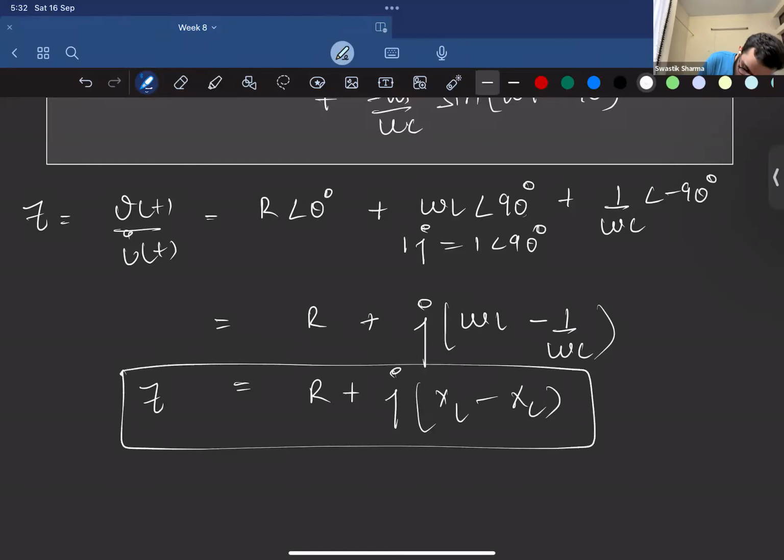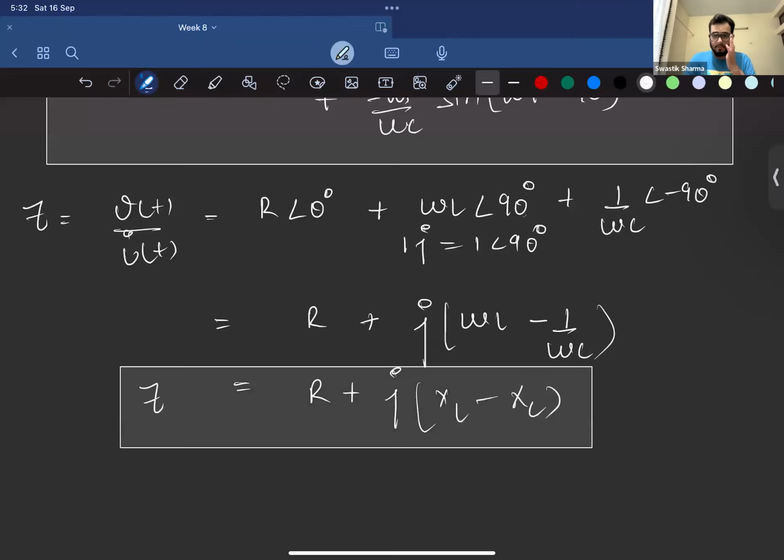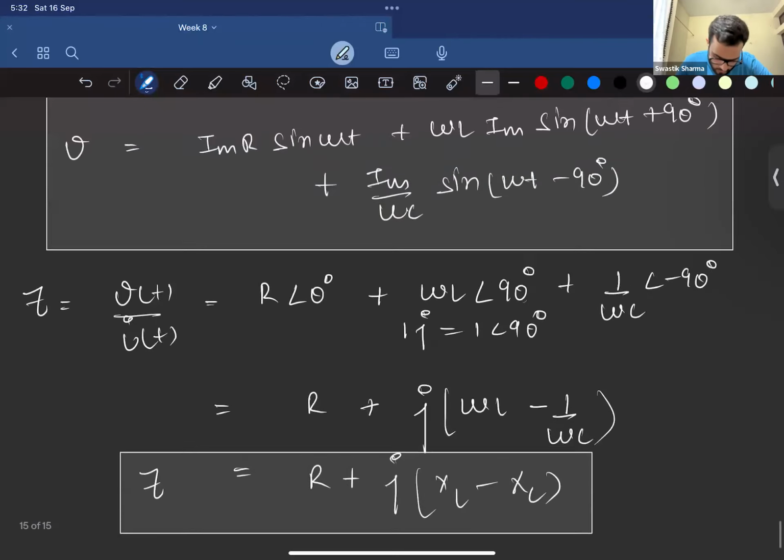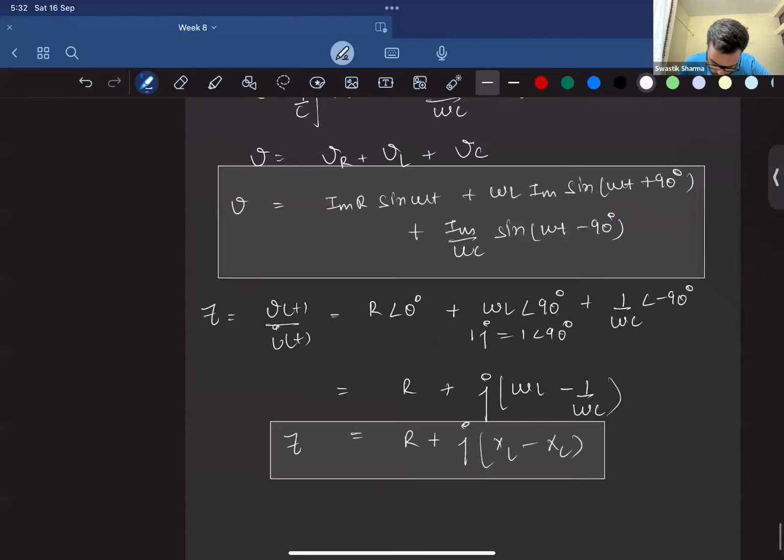So this is how the impedance for a series RLC circuit looks.